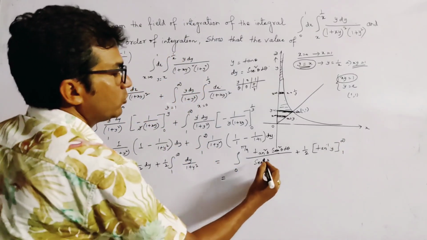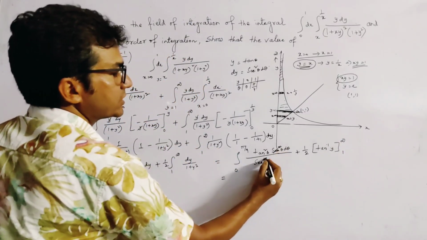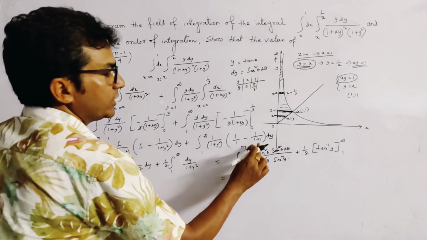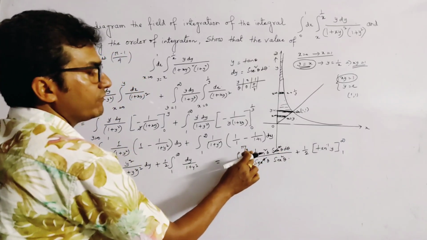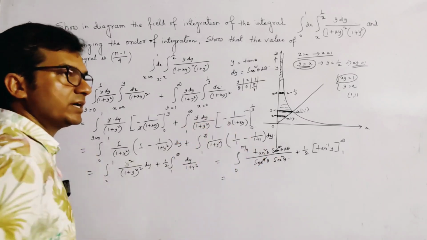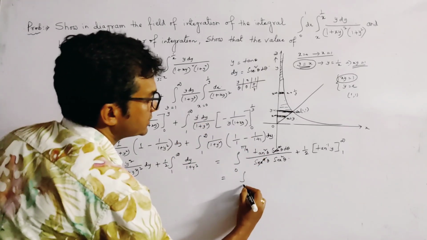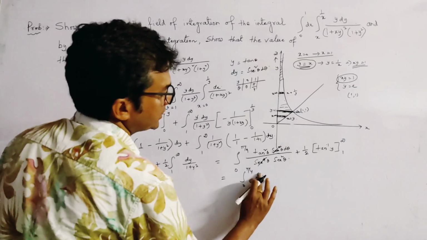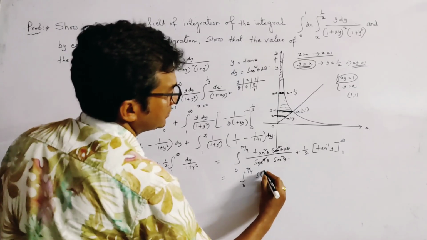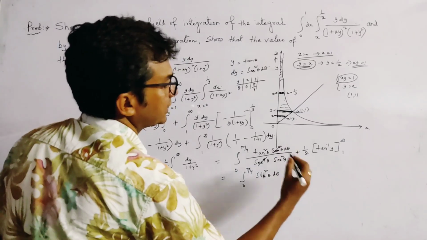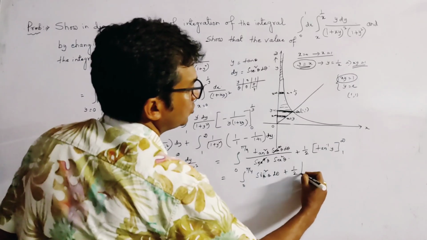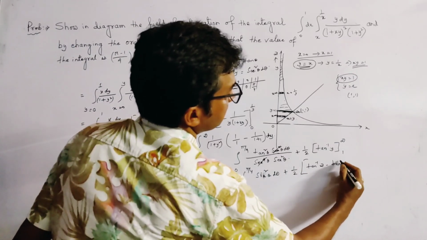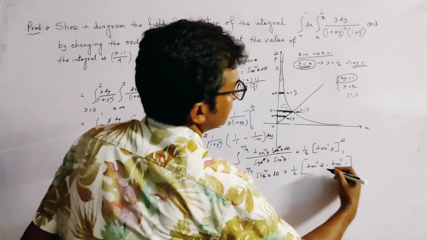Okay, and we cancel out sec square theta, and if tan theta and sec theta cancel out, then we get integration 0 to pi by 4, sine square theta d theta, plus half into tan inverse infinity minus tan inverse 1.